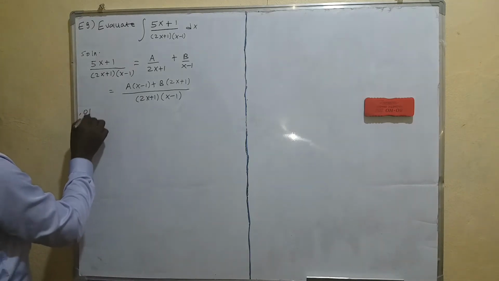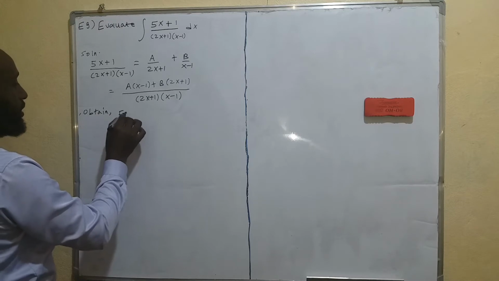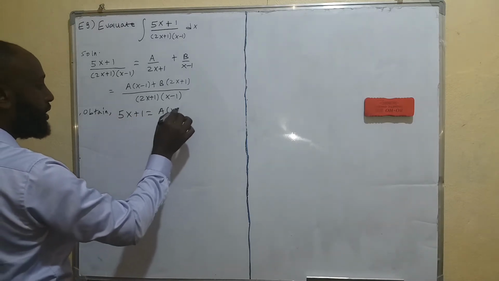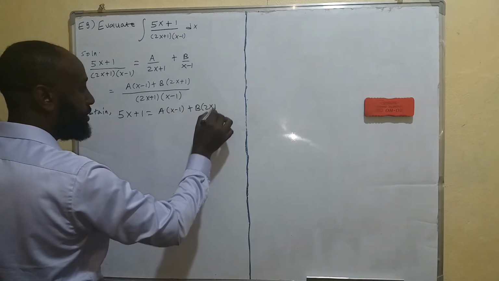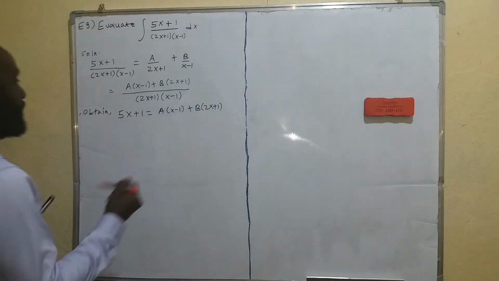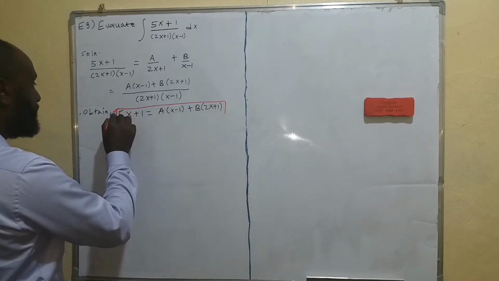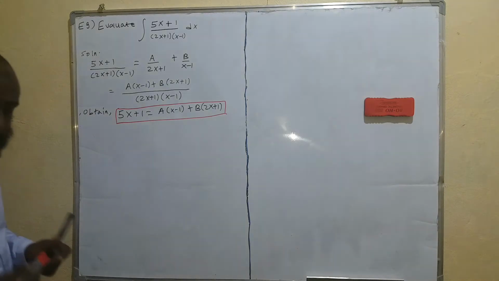So we get 5x + 1 equal to A times (x − 1) plus B times (2x + 1).